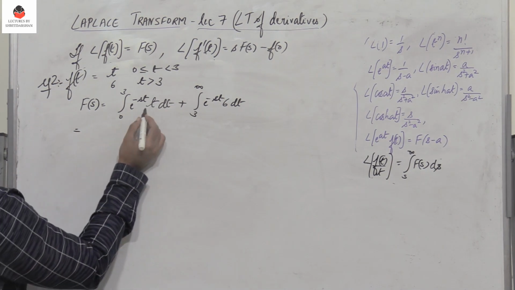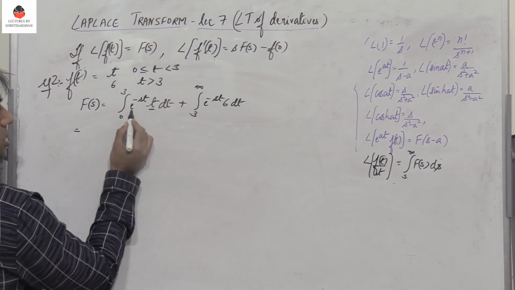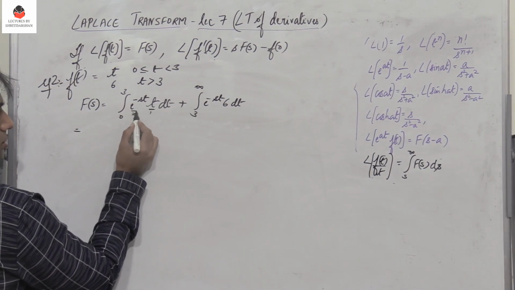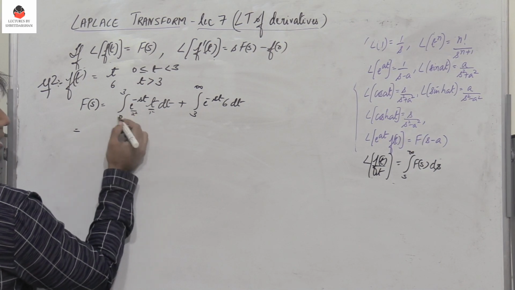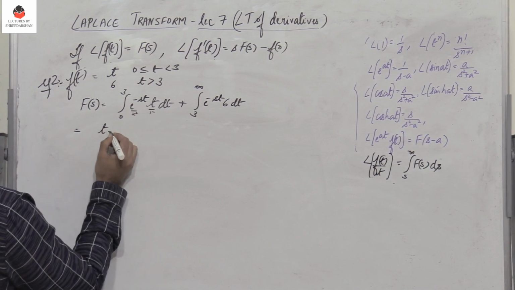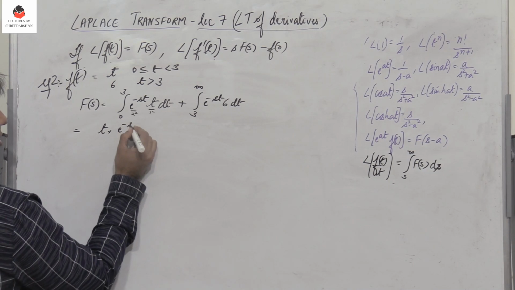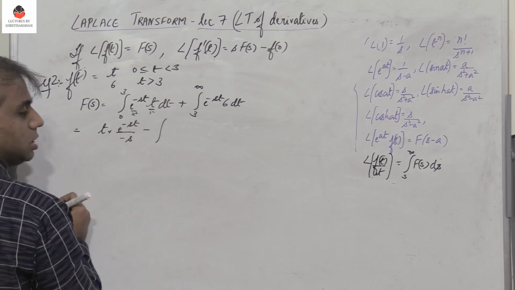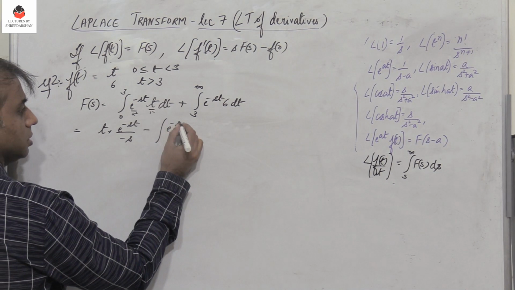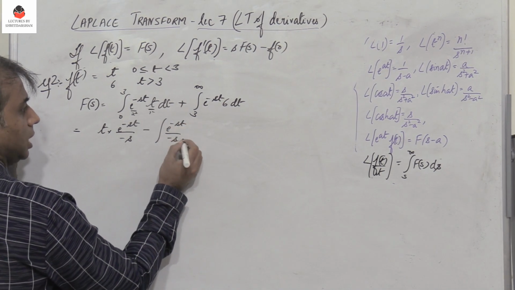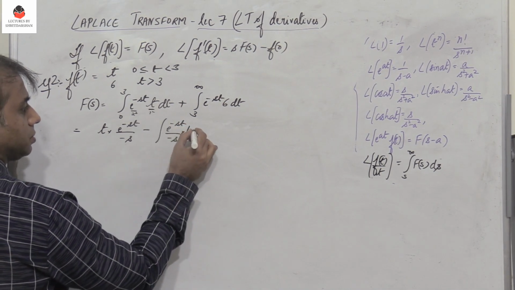Let this be the first function and let this be the second term. So you have the first term into the integral of the second term, minus the integral of the integral of the second term into the differential of the first term, dt.